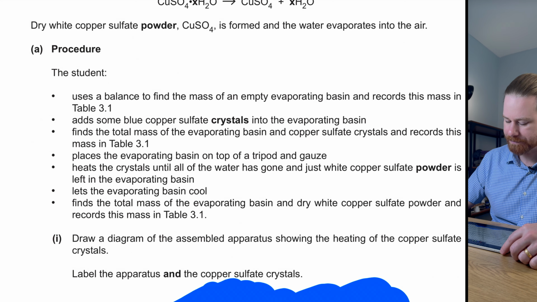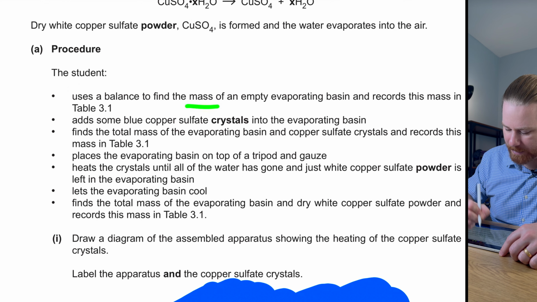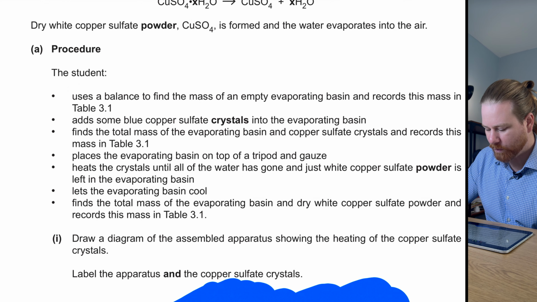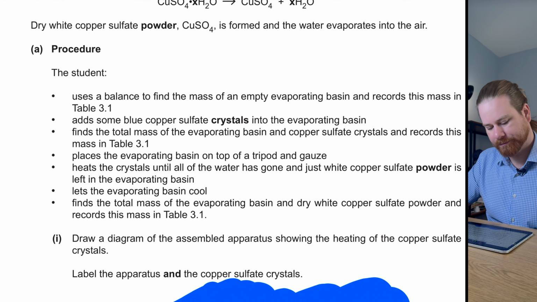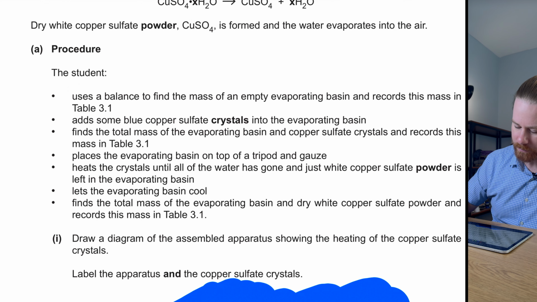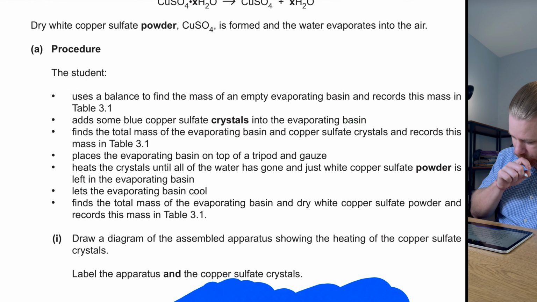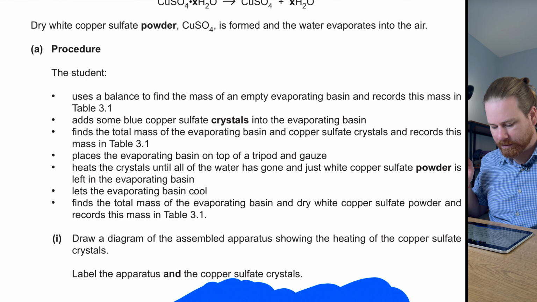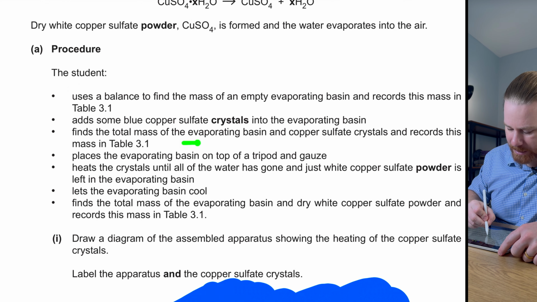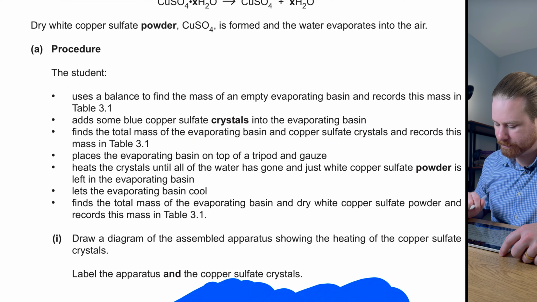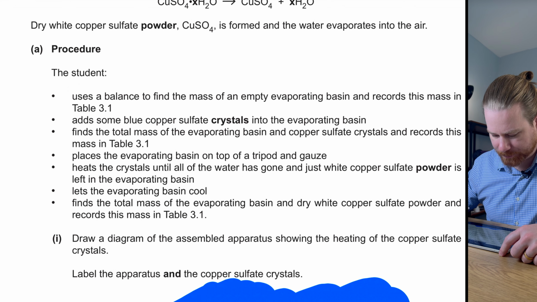So what are they doing? They are finding the mass of the empty evaporating basin, recording it in a table, adding the blue copper sulfate crystals to the basin. They're then going to find the total mass of the evaporating basin and the copper sulfate crystals, recording this in the table.